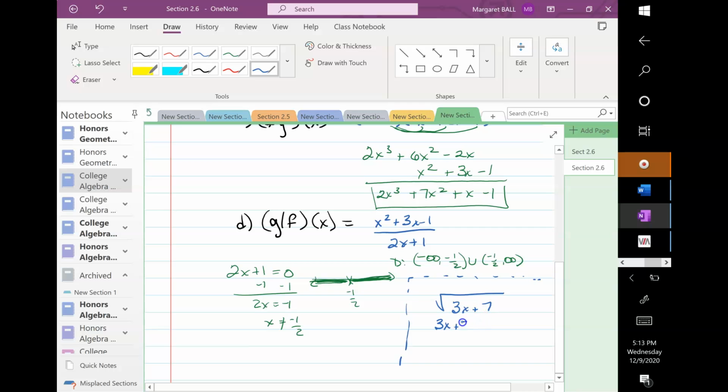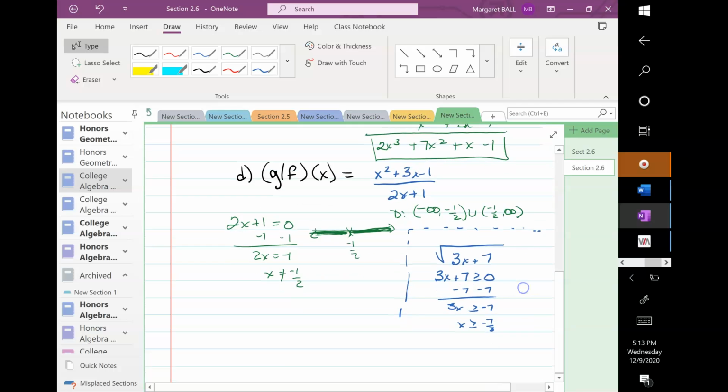So you take what's underneath there and set it greater than or equal to 0, and then you solve that. So 3x is greater than or equal to negative 7. x is greater than or equal to negative 7/3. So the interval for something like that would start at negative 7/3 and go to positive infinity. So if you have a radical, you set the stuff on the inside greater than or equal to 0, and then you solve it and write the interval.